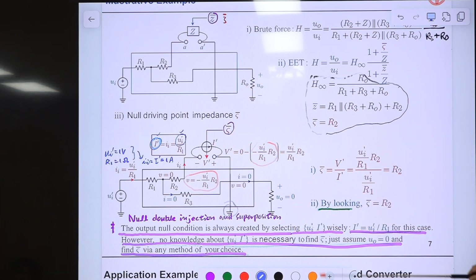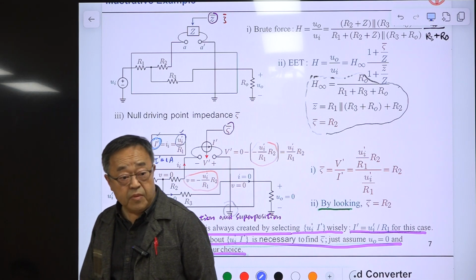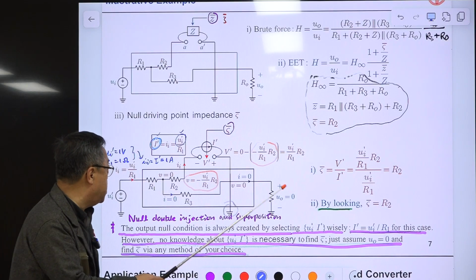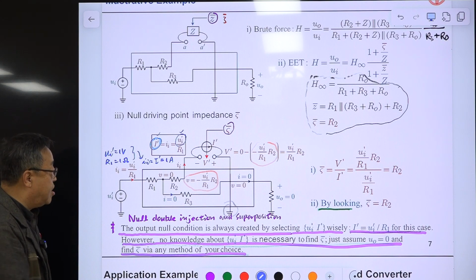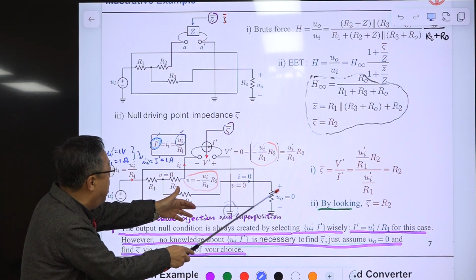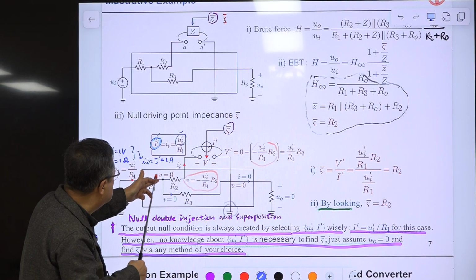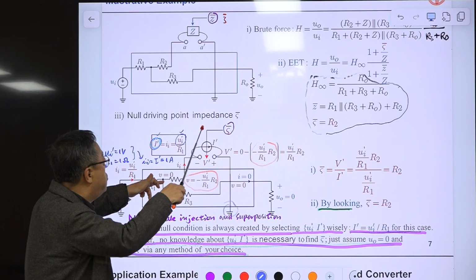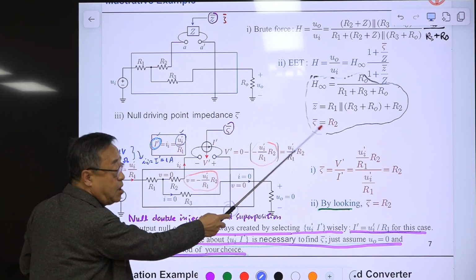But this knowledge is unnecessary. You don't have to know this. Your only interest is to evaluate this null driving point impedance. For that case, assume somehow this condition is created, then this is 0, then this is connected here, this is 0, and then you are looking at this circuit through this opening, and what you are seeing is just R2. So this is the R2.